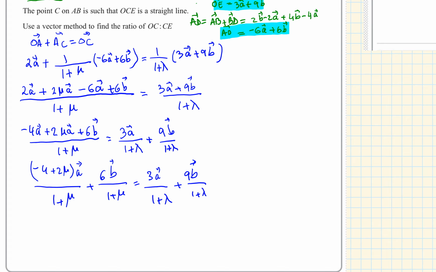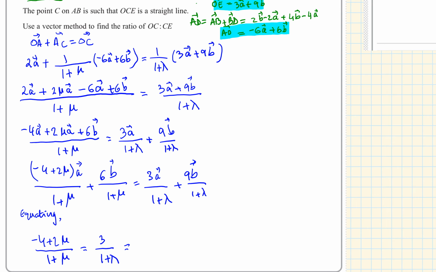Okay? So if we equate the A part and the B part, we are going to write minus 4 plus 2 mu over 1 plus mu is equal to 3 over 1 plus lambda.